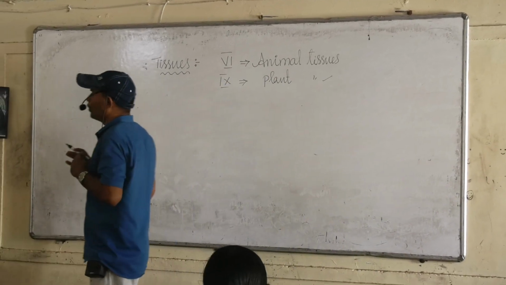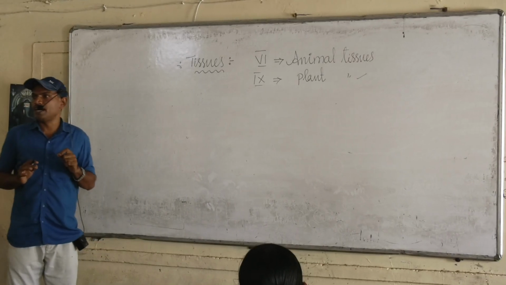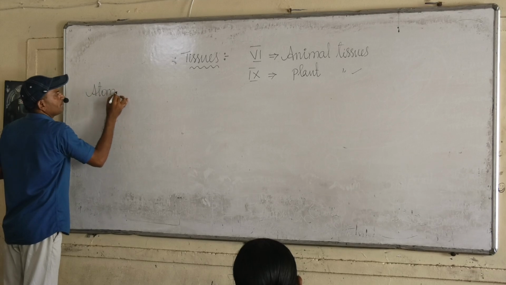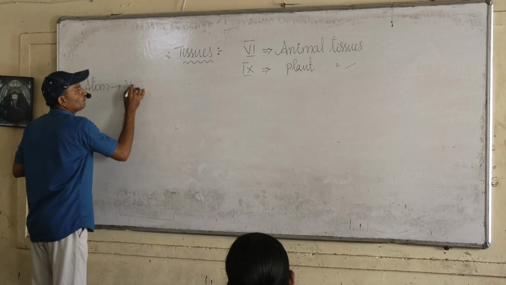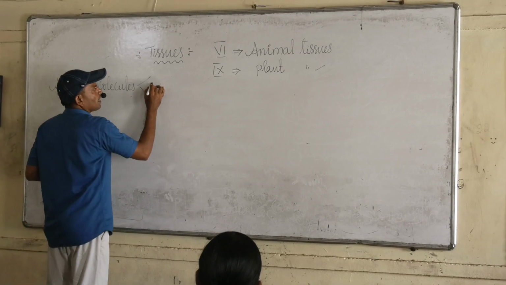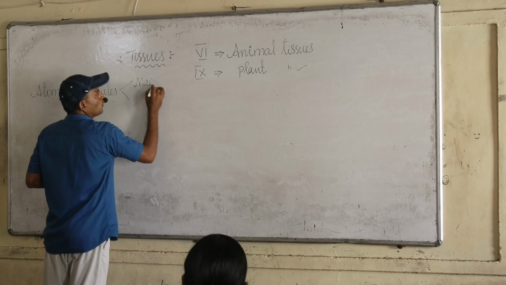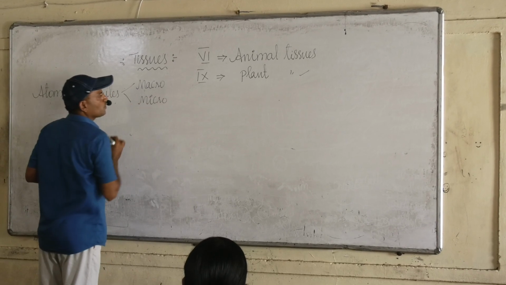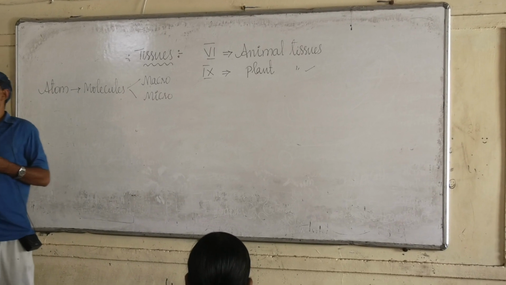So here, we have started our journey with what? Atom. So atoms combine together to form what? Molecules. So these molecules are of 2 types: macromolecules and micromolecules.